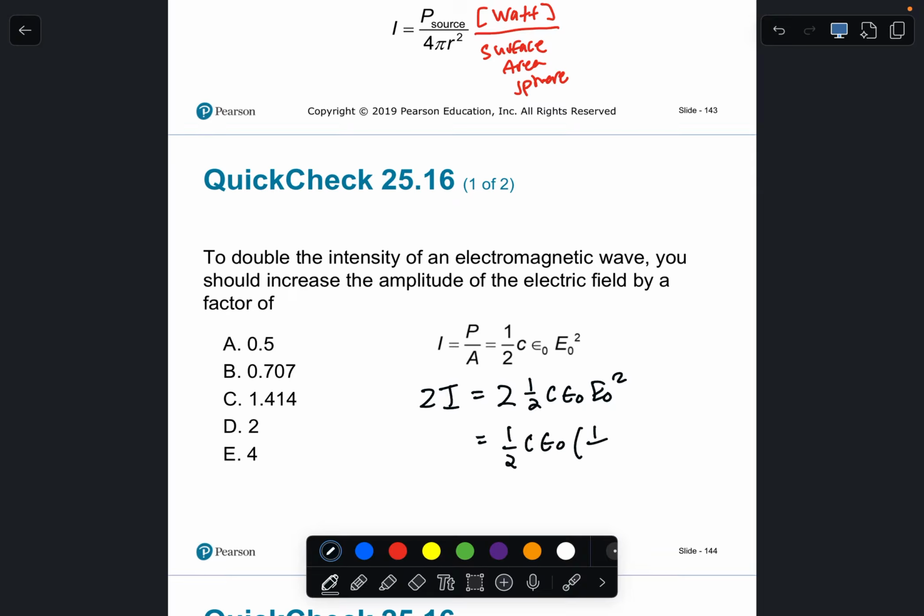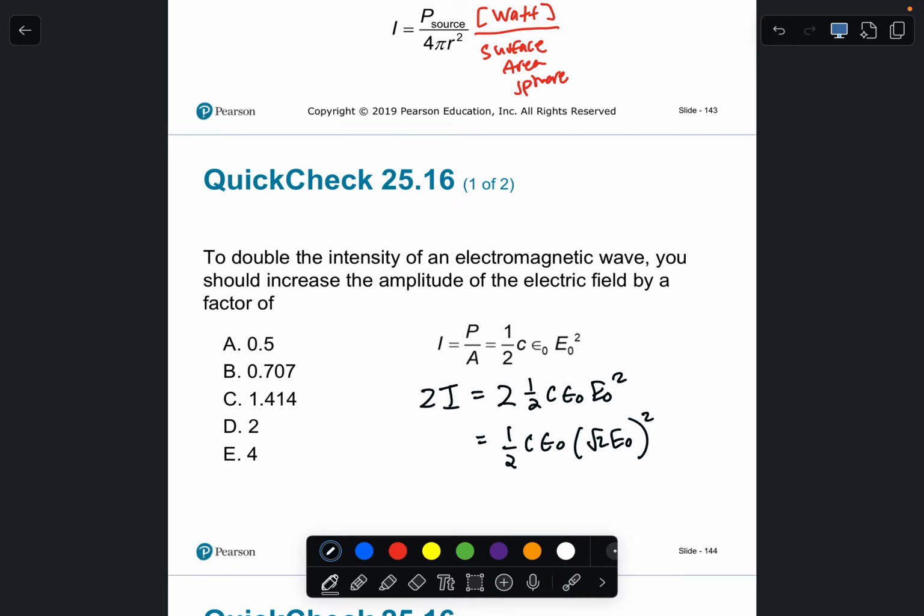We wanted a 2 to come out on the top, right? Square root of 2. I knew that. We would get a 2 out if we had a square root of 2 on the inside, because if you increase the amplitude by the square root of 2 and then you square it, you get your factor of 2.